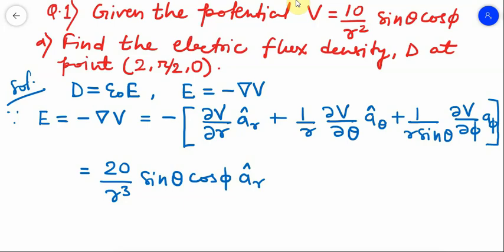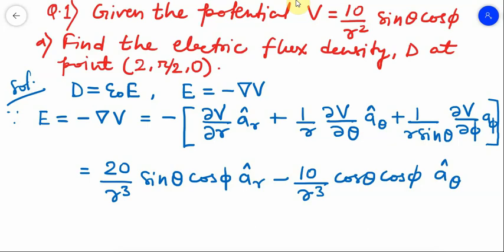For del V upon del theta, sine theta becomes cos theta and the remaining terms stay the same, so it is minus 10 upon r cube cos theta cos phi a theta.